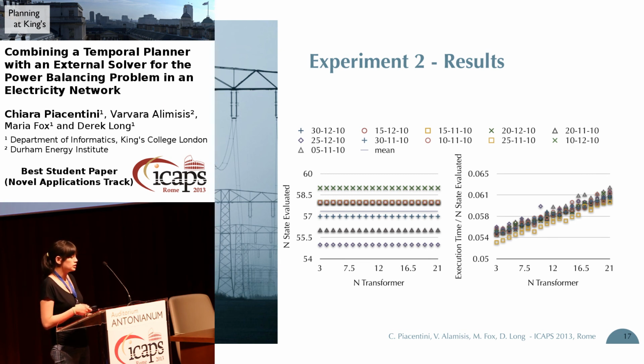And again, what changes is the execution time over the number of states evaluated, because again an increase of the complexity of the network brings us an increase of time spent to evaluate a single state.